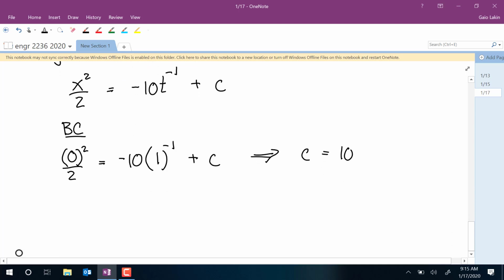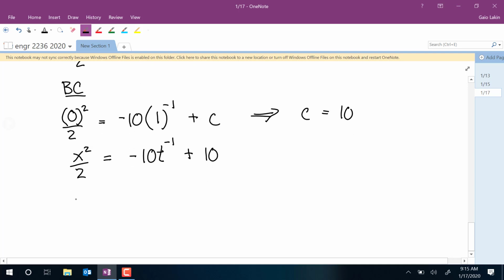Okay, so c is equal to 10. Now we can plug it back in here, and we have x squared over 2 is equal to negative 10 times t to the minus 1 plus 10. X squared is equal to negative 20 t to the minus 1 plus 20.